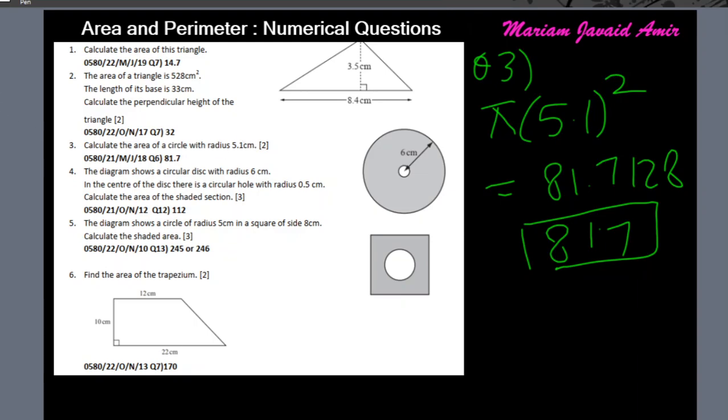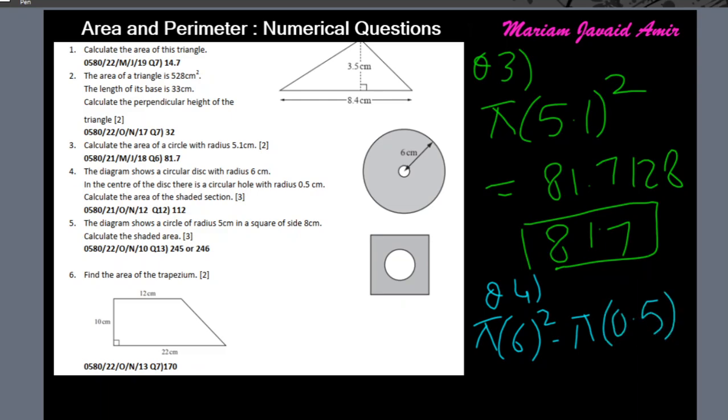Question number 4: the diagram shows a circular disc with radius 6 centimeters. In the center of the disc is a circular hole of radius 0.5 centimeter. Calculate the area of the shaded region. That would be the area of the bigger circle minus the area of the smaller circle, so pi times 6 squared minus pi times 0.5 squared.